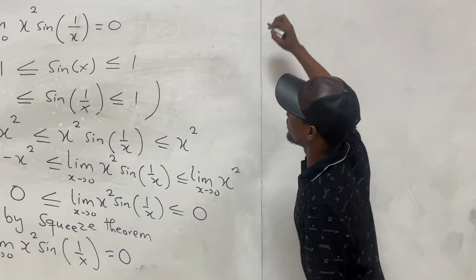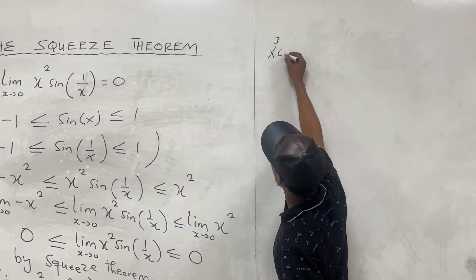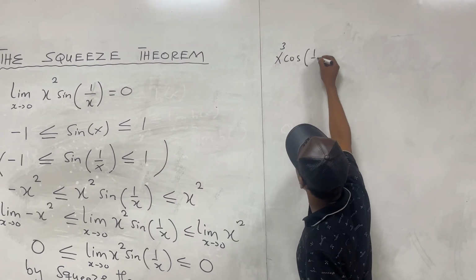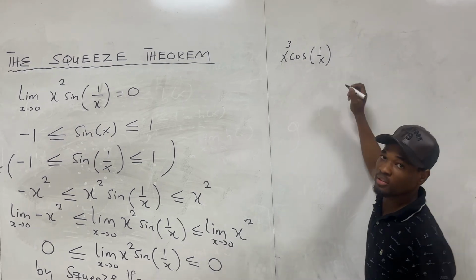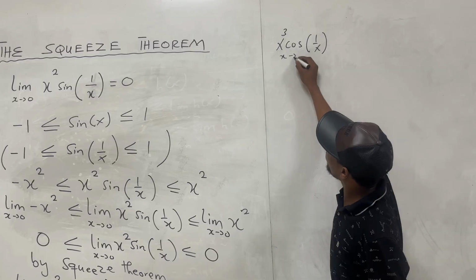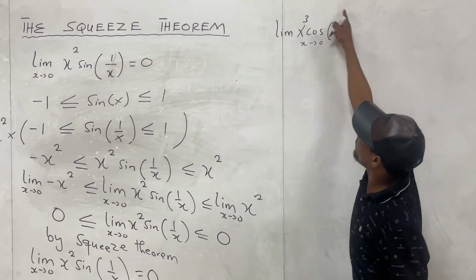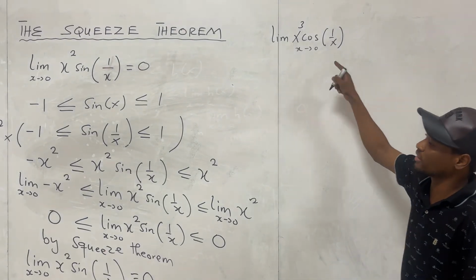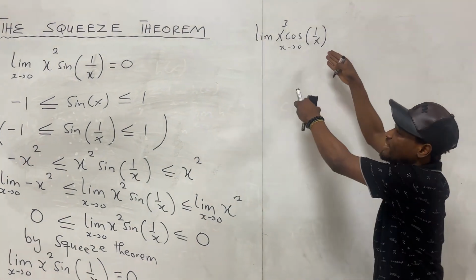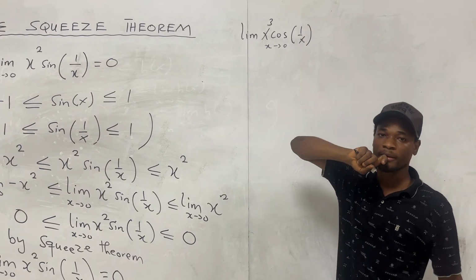We have x cubed, then cos 1 over x. They say as x approaches 0, take the limit of this as x approaches 0. They're asking what is the limit of the whole expression this way. Okay, what do we do?